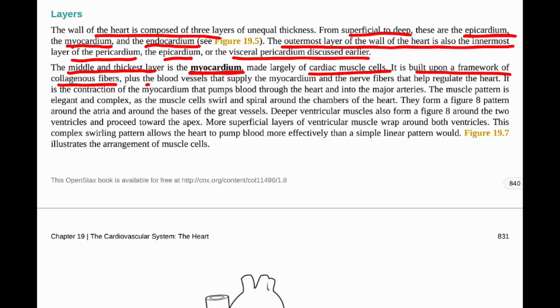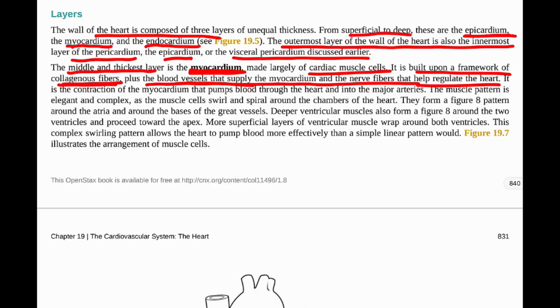So the myocardium is the collagenous fibers plus the blood vessels, some of those that we've already talked about, like the great vein and the anterior interventricular artery. And then the nerve fibers, which we'll talk about in the next section, that help regulate the heart.